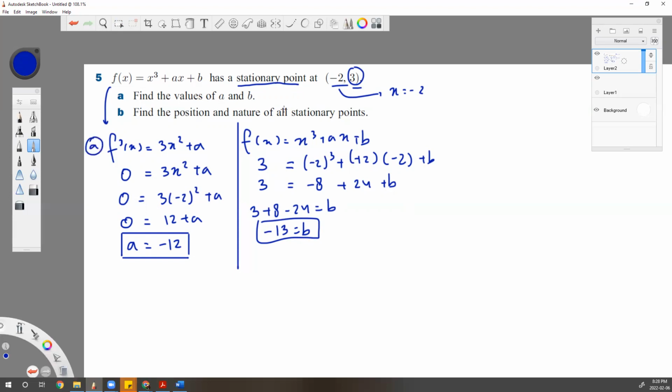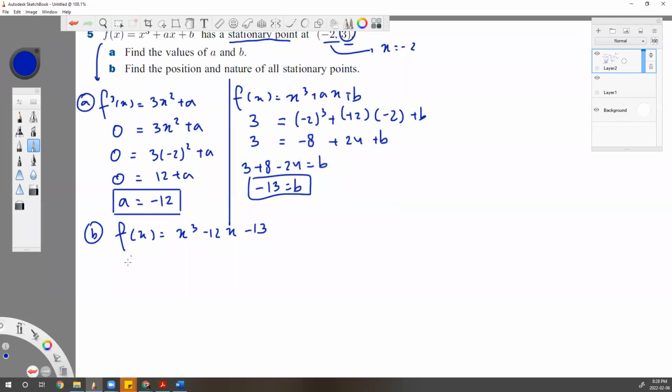Now find the position and nature of all stationary points. Okay, this is quite interesting. So let's do the next part. f(x) equals x cubed minus 12x minus 13, right? So when we want to find the stationary point, again, you have to do the first derivative. dy/dx equals 3x squared minus 12, and it has to be 0. 3 bracket x squared minus 4 equals 3 bracket x plus 2, x minus 2.